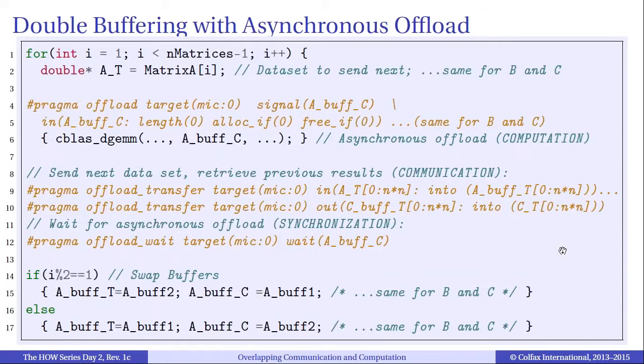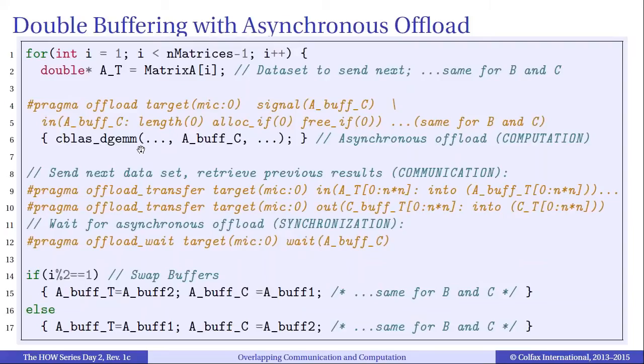The code for this may look complicated, but conceptually it is simple. I have a loop that goes over all my datasets. I begin offload. This offload is asynchronous because I use the clause signal. You can see that I'm also using specifiers to control data reuse and memory buffer retention.